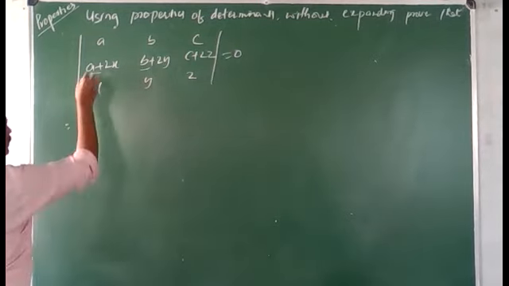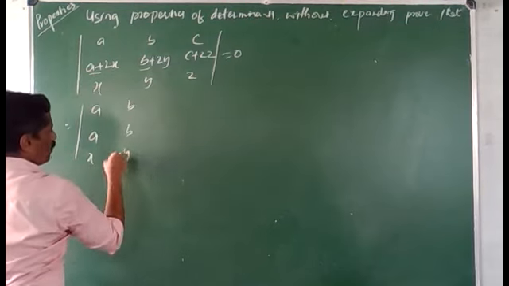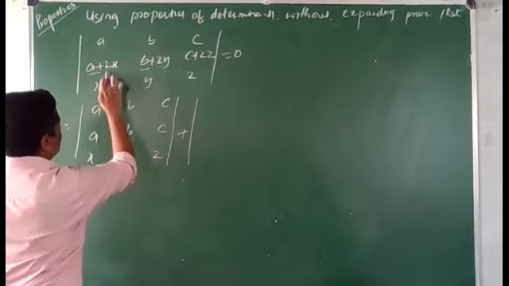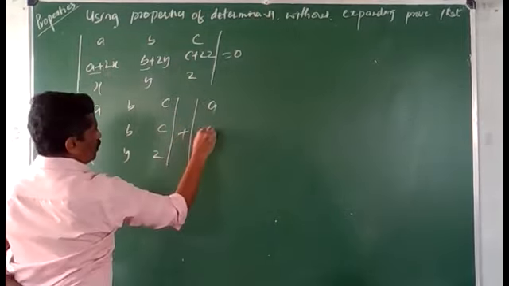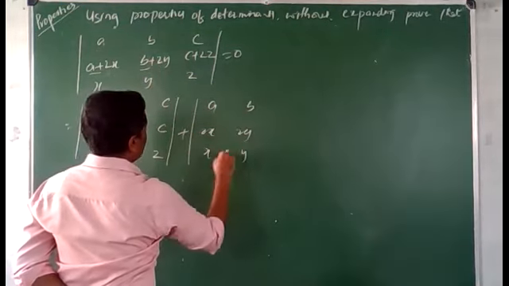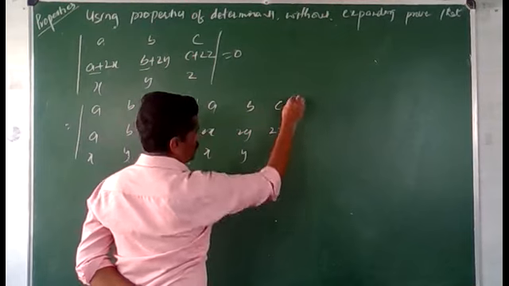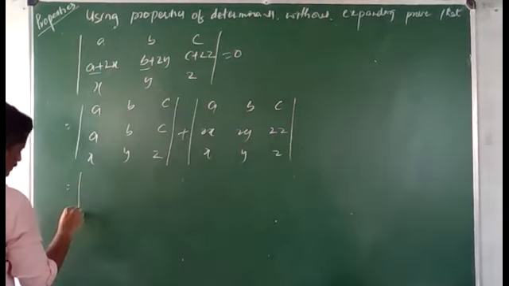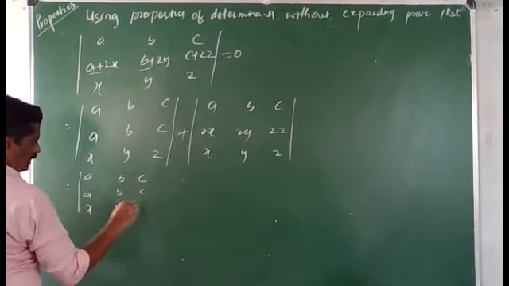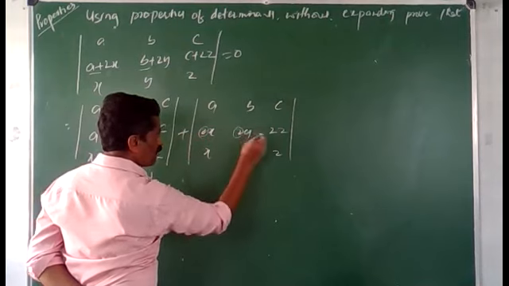That is equal to the determinant of A, B, C; x, y, z; x, y, z, plus the determinant of the remaining, that is A, B, C; 2x, 2y, 2z; x, y, z. Write the first as it is. Plus, from the second row you can take the common factor 2 outside.